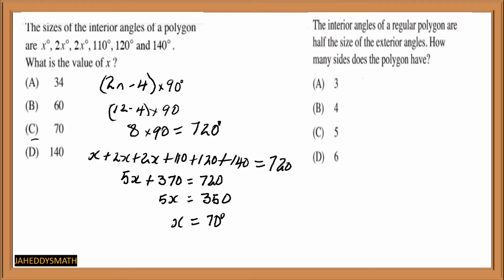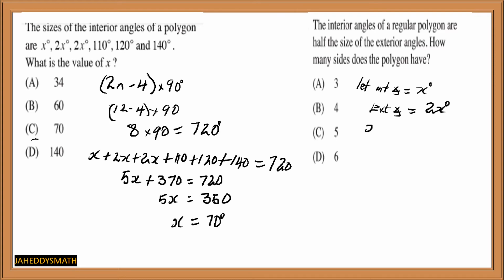So we say let the interior angle equal x degrees. So therefore the exterior angle must be equal to 2x. The other thing we know, the interior angle and the exterior angle are two adjacent angles which make up a straight line.